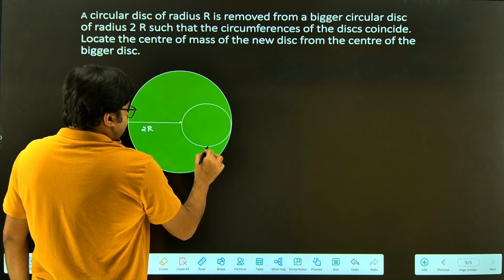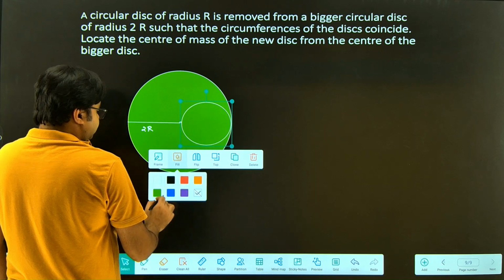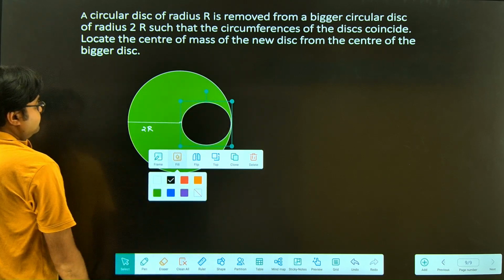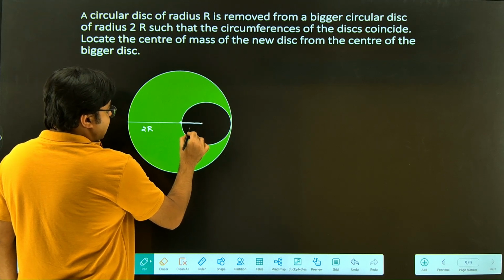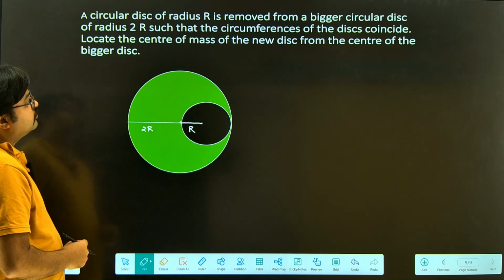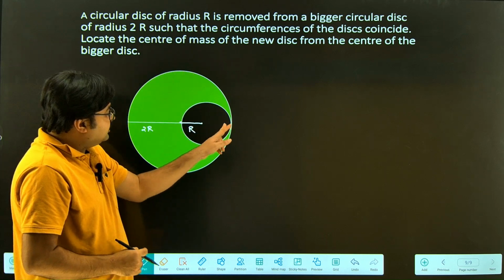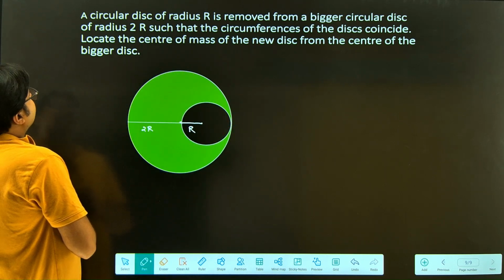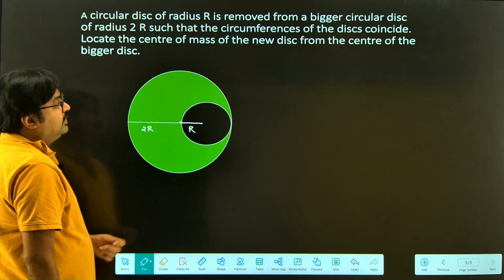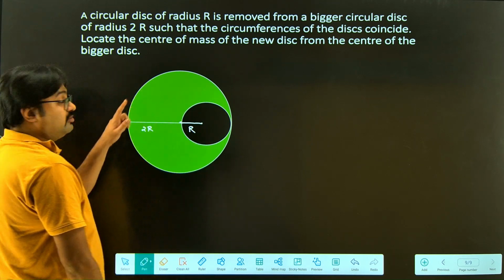Yes, I think we've got to remove this. So I have removed that part. The radius of this removed part of the disk is r, the question says. The circumferences of the disks coincide. So you see that both of these disks coincide. Locate the center of mass of the new disk from the center of the bigger disk.